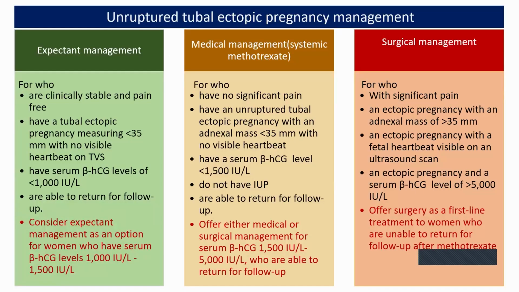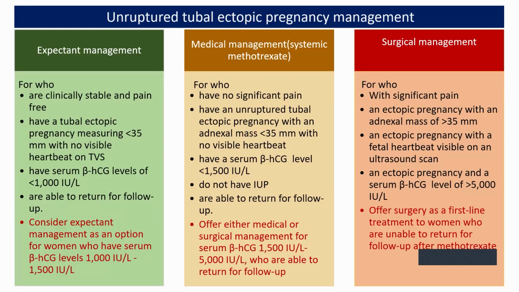So when we diagnose ectopic pregnancy, there can be management in two lines. The patient may be in shock, or the patient may be hemodynamically stable or the ectopic is not ruptured. If the patient is hemodynamically unstable, initially we have to stabilize the patient, and the management is surgical management.